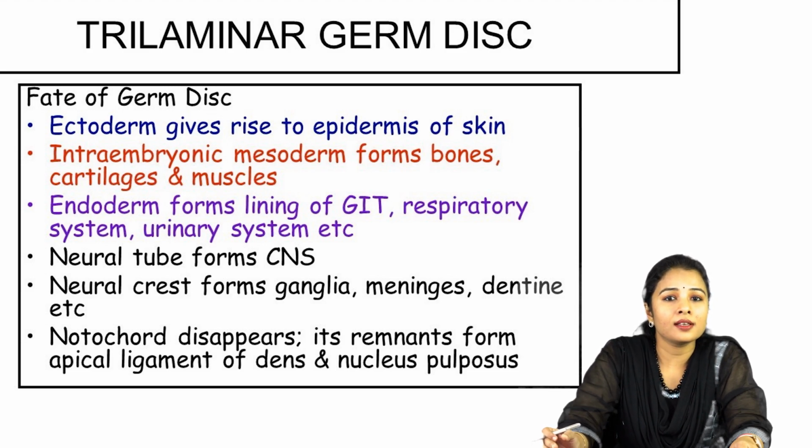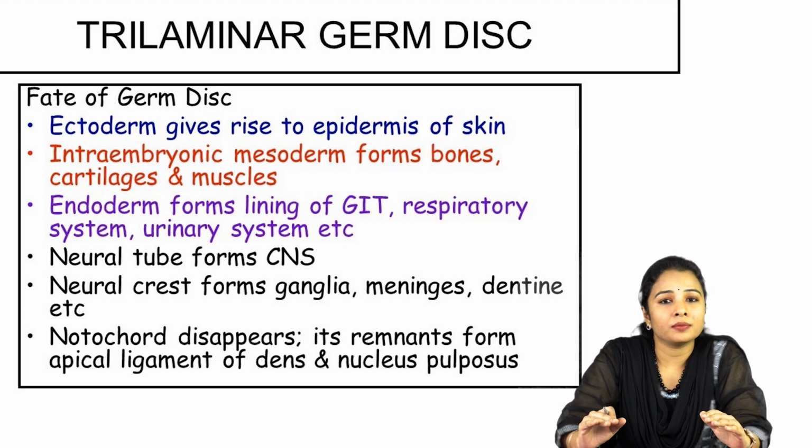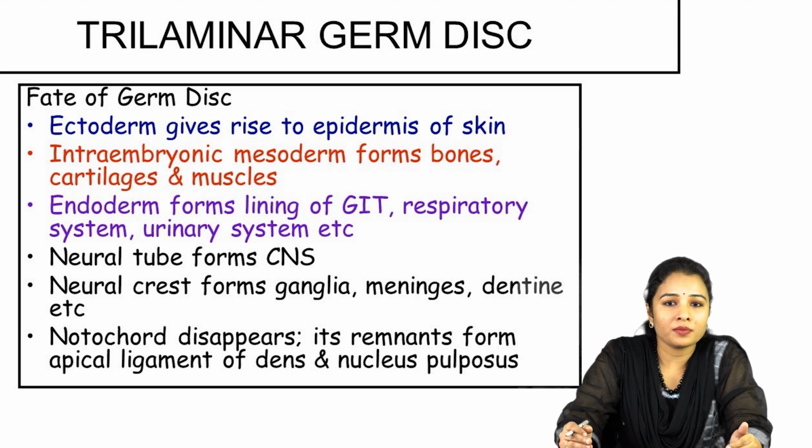Neural crest cells form the ganglia, meninges and dentine, etc. The neural crest cells present dorsally on each side of the neural tube form the ganglia, that is the dorsal root ganglia and autonomic ganglia, meaning the sympathetic and parasympathetic ganglia, and also the meninges, especially the leptomeninges.